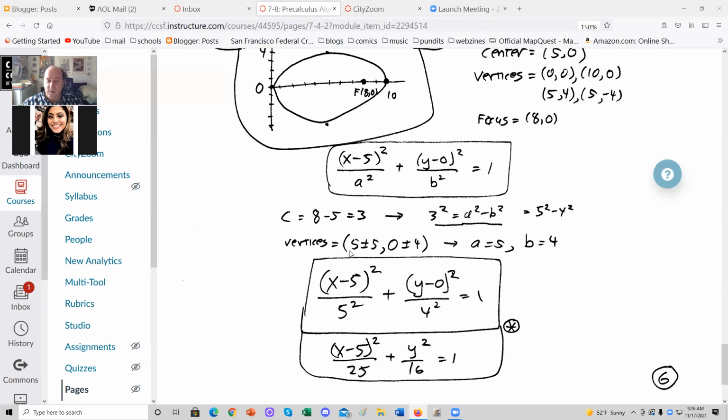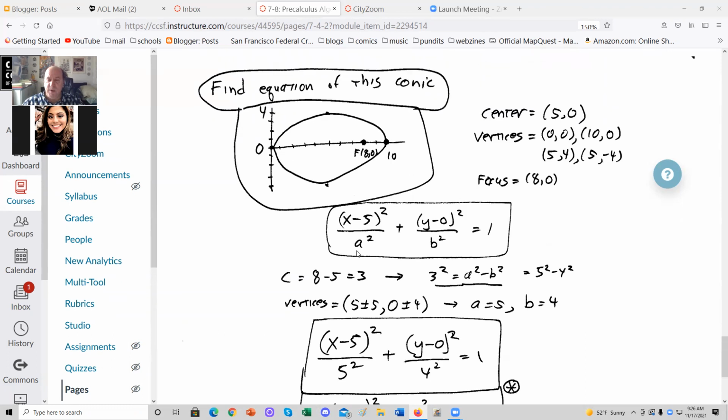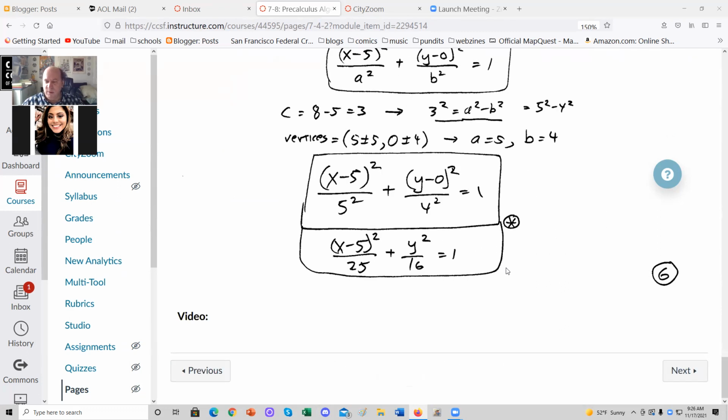So the vertices will be at 5 plus or minus 5 by 0. This is miswritten, I have to rewrite that. That's really kind of clumsy.